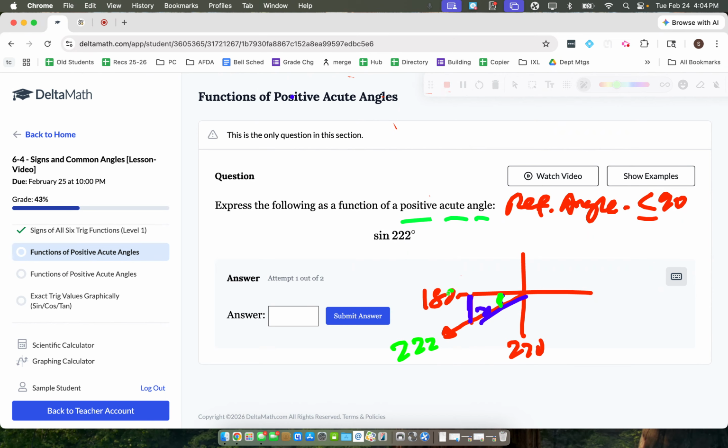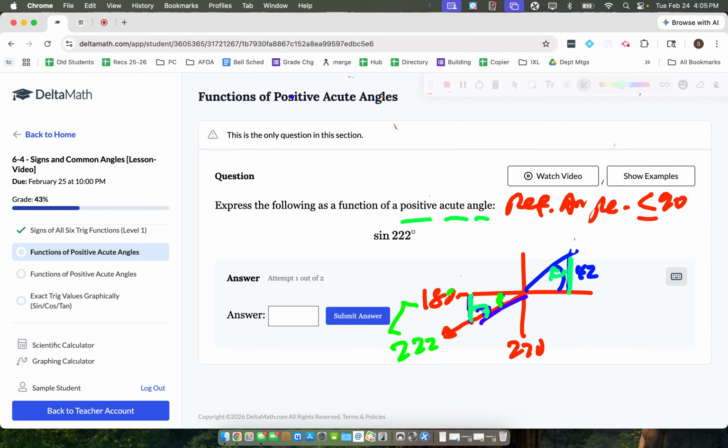So the difference between 222 and 180 is 42, right? Between here and here is 42. So if we put a 42 angle right here, the ratio of the opposite to hypotenuse is the same as this opposite to that hypotenuse.